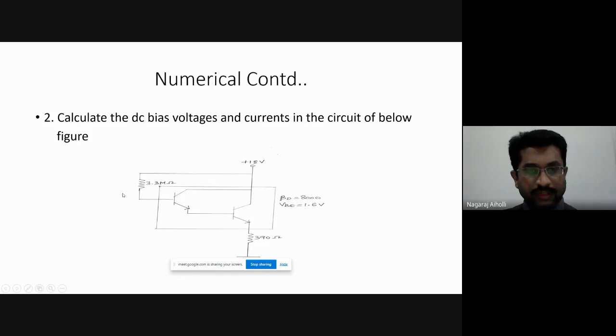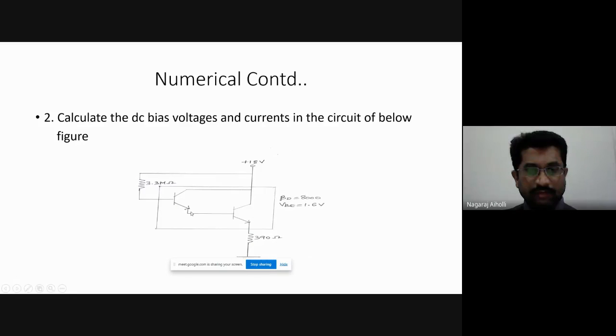RB is 3.3 mega ohm. VCC is plus 18 volts. The Darlington beta, that is the current gain of the Darlington pair, is 8000. VBE is 1.6 volts. RE, the emitter resistance, is 390 ohm.